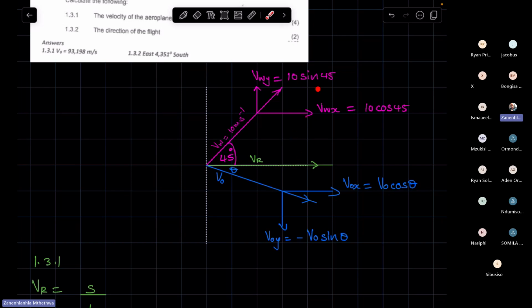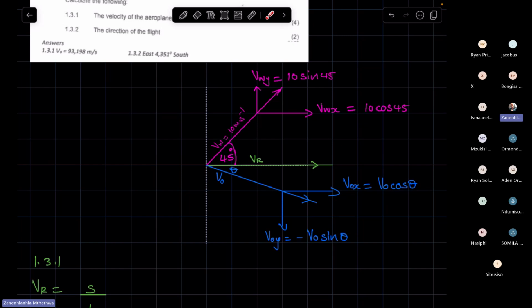So we cannot fly the plane directly east. Why? Because this wind vector will blow the plane off course. Hence, after 300 kilometers or after 50 minutes, you're going to end up somewhere in this quadrant, which is not the intended direction.